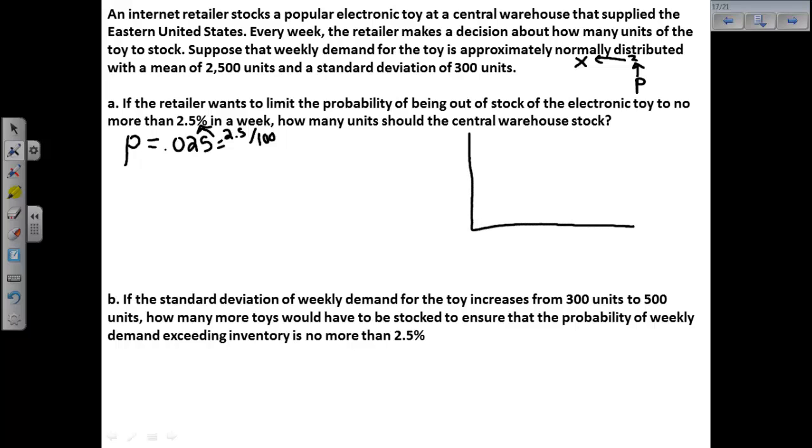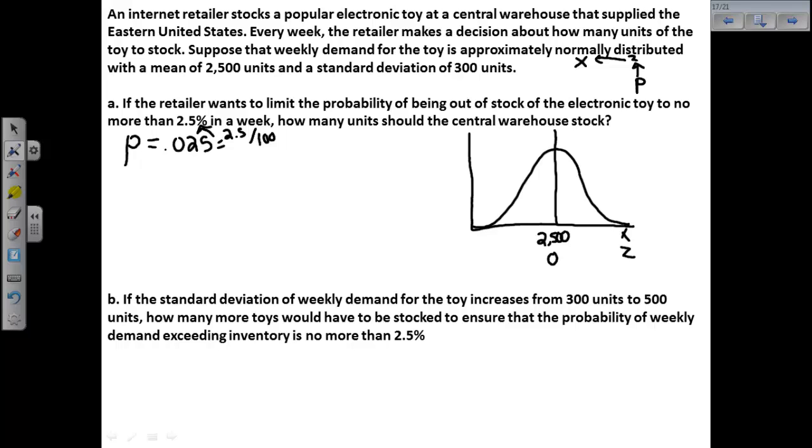So if we draw this out, here's our distribution, our x values and z values, 2,500 with a z of 0, and we need to find x that's related to no more than a 2.5% chance of running out of units. If we want a low probability of running out of units, we're going to be looking at the high end of the distribution because we'll want to have more toys to have this really low probability of running out.